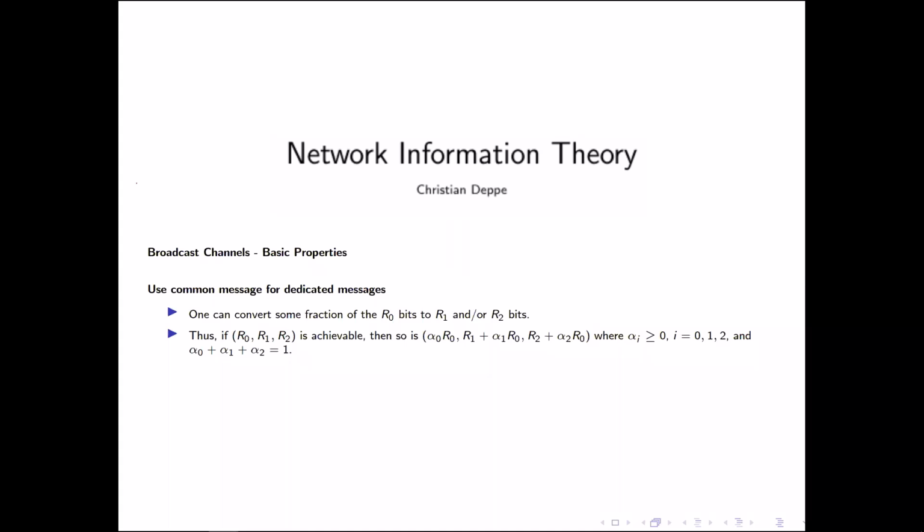Let's look at the most simple case. Let's assume the common message set is M0. It goes from 1 to 2 to the n R0. And the dedicated message set for the first decoder is M1 and goes from 1 to 2 to the n R1.